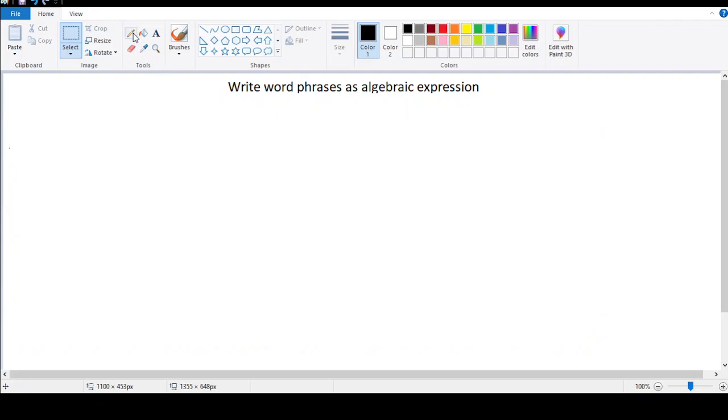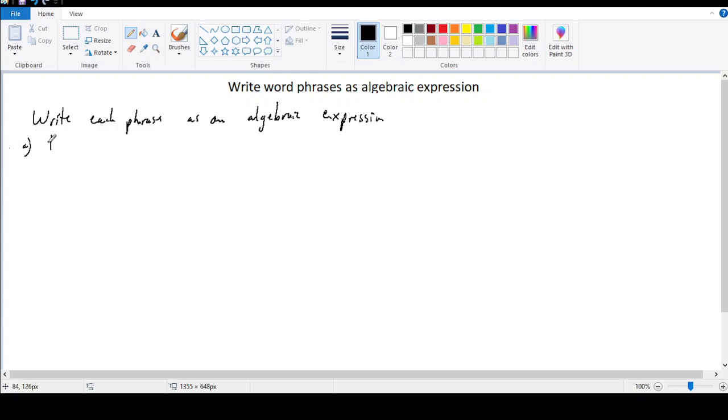Write each phrase as an algebraic expression.